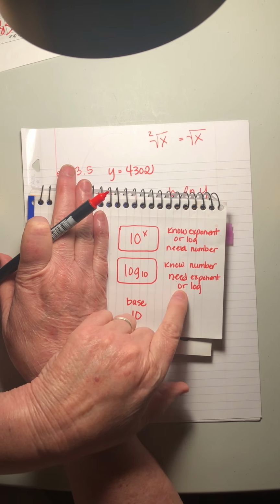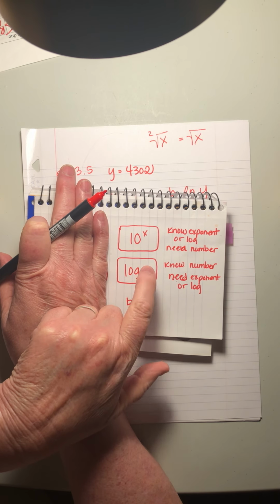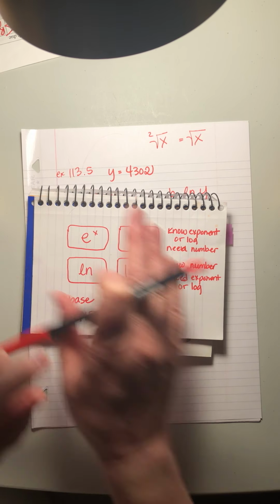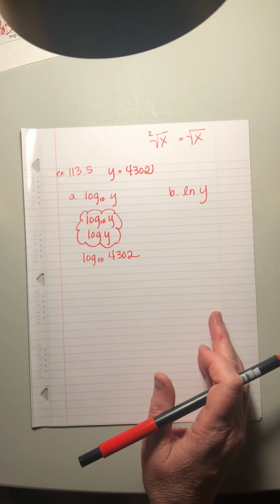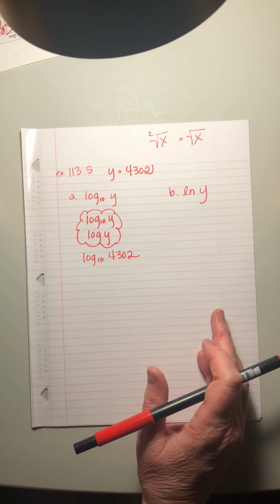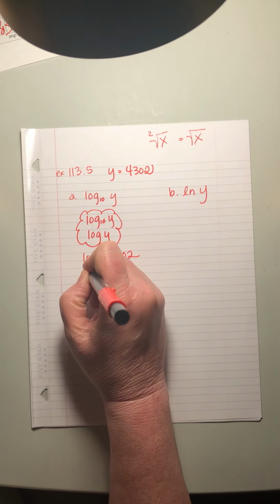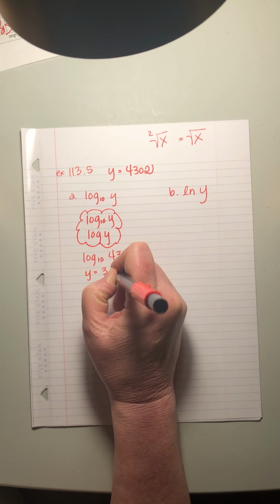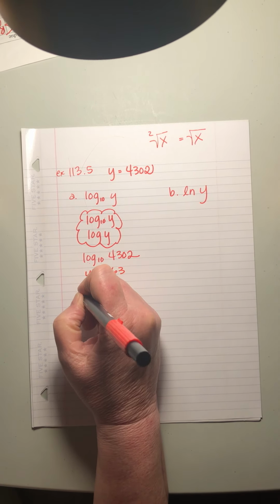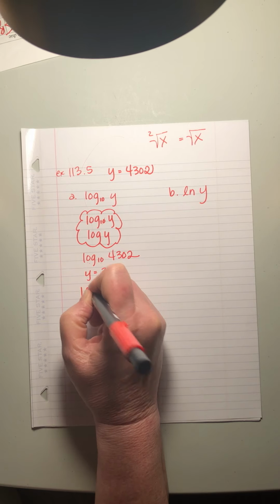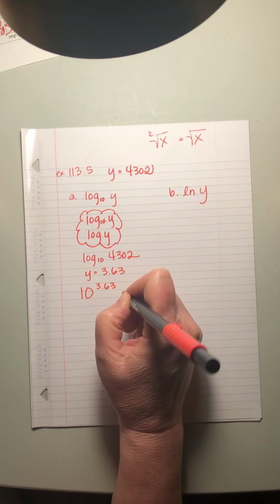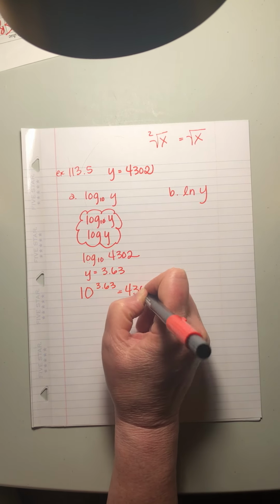We know the number and we need the exponent. So we use this button, and when we plug it in, we get 3.63. And that tells us that 10 to the 3.63 equals 4,302.